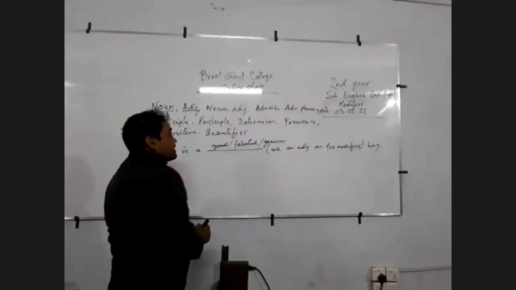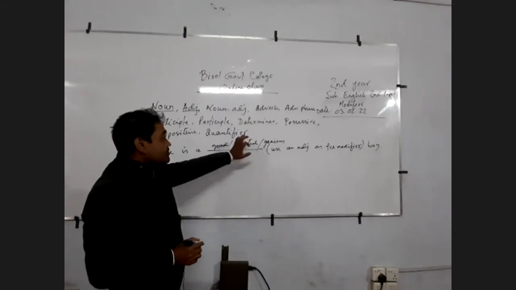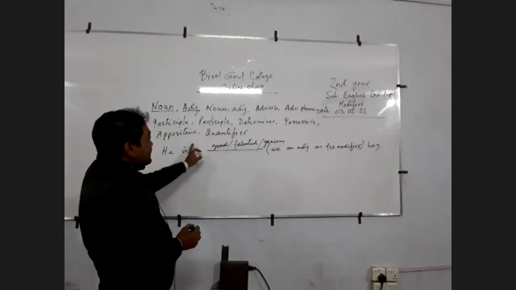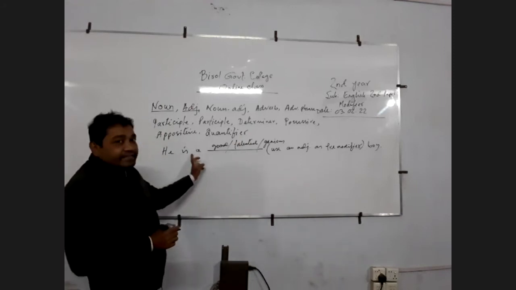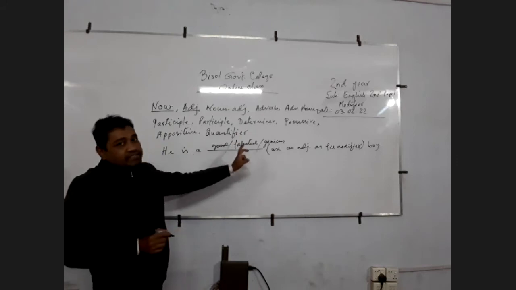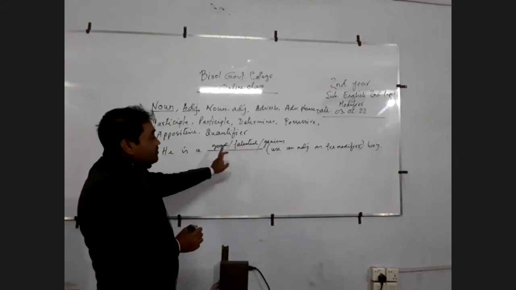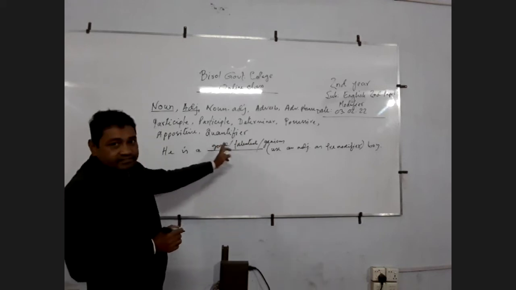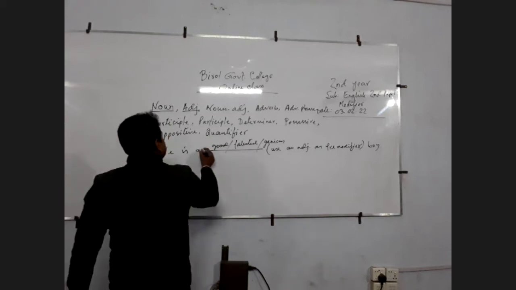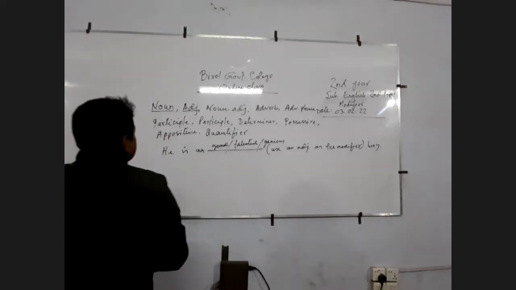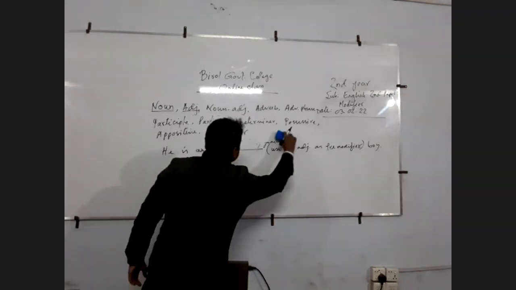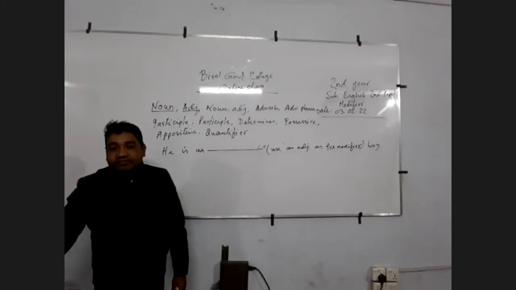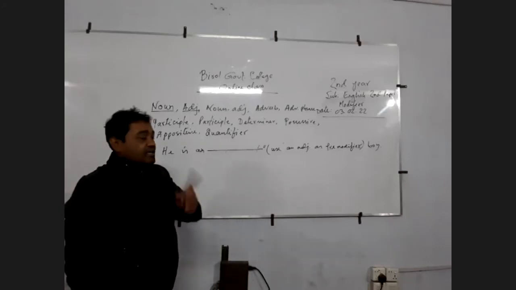There are many kinds of adjectives which can be used here, but you have to keep in mind that as there is the article a, the adjective must start with a consonant. And if it were an, then you cannot use this adjective here. Then you have to use an adjective that starts with a vowel or vowel sound.